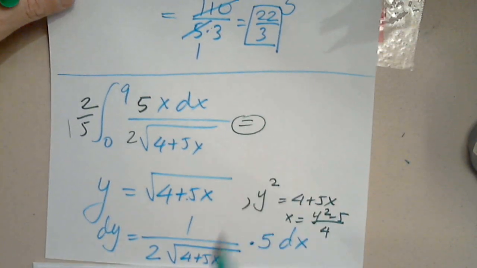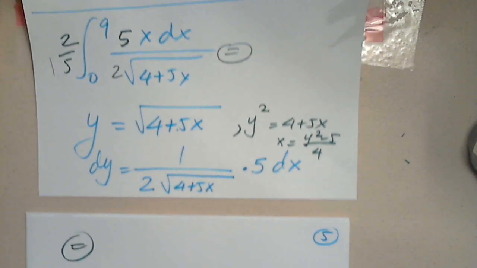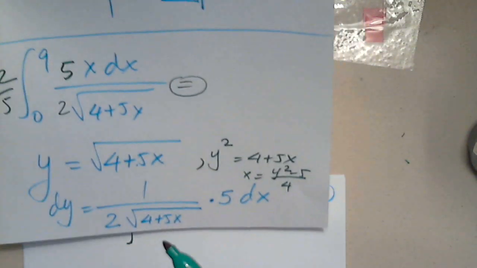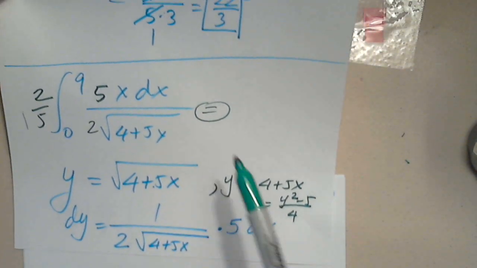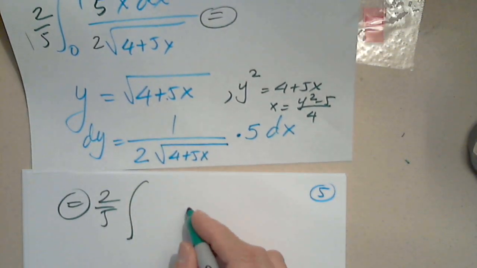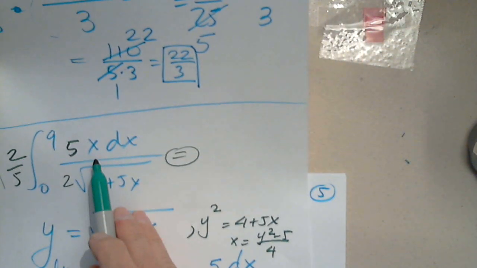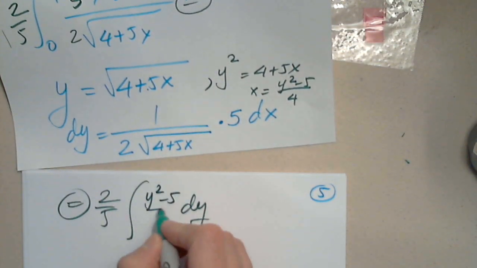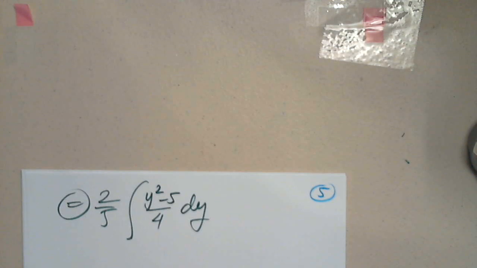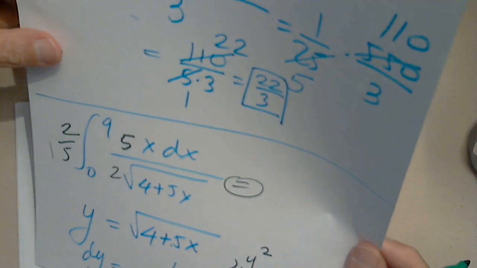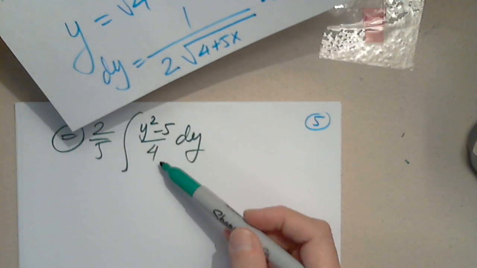Okay, let's see. I have 2/5 outside, the integral, again the 5, the dx, and 2, they're all dy. And x is y squared minus 5 over 4. Although initially it looked more complicated, it's not.